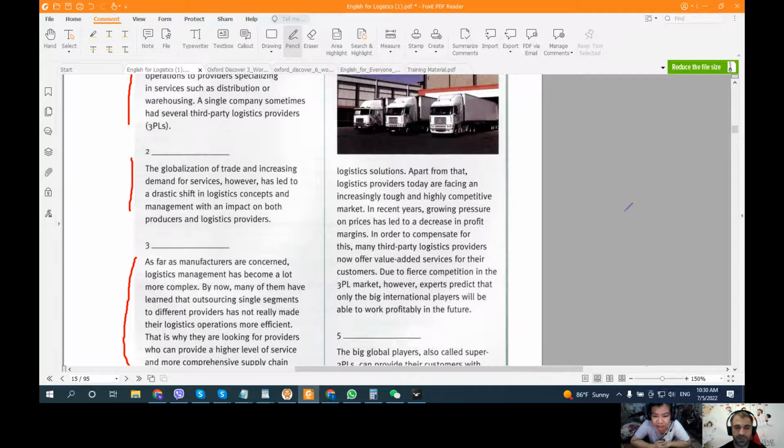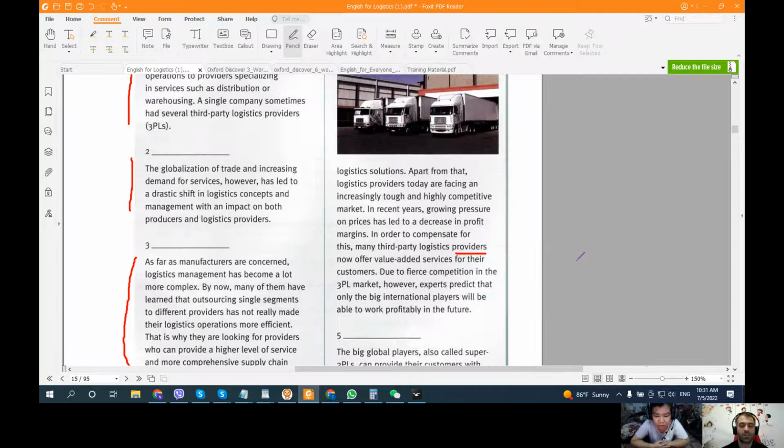In recent years, growing pressure on price has led to a decrease in profit margin. In order to compensate for this, many third-party logistic providers now offer value-added services for their customers due to fierce competition in the 3PL market. However, experts predict that only the big international players will be able to work profitably in the future.